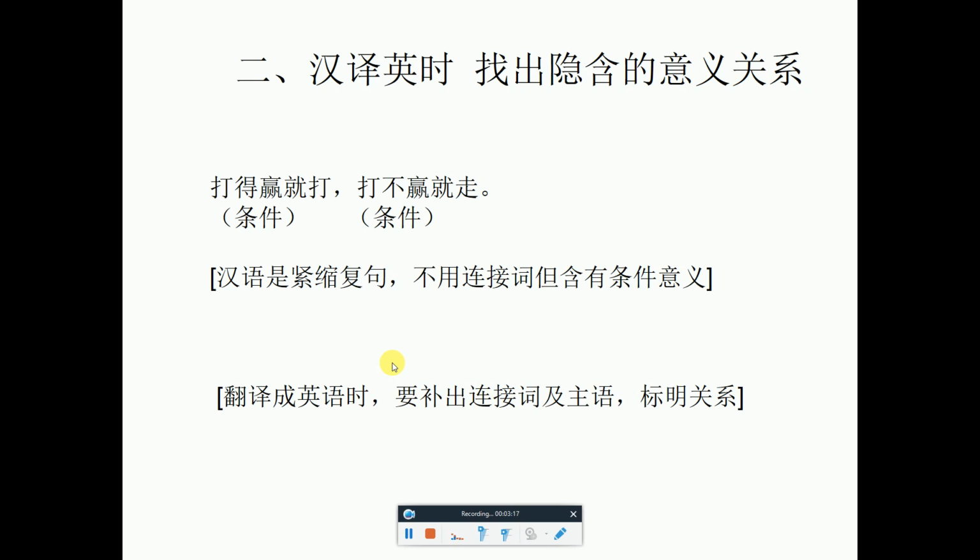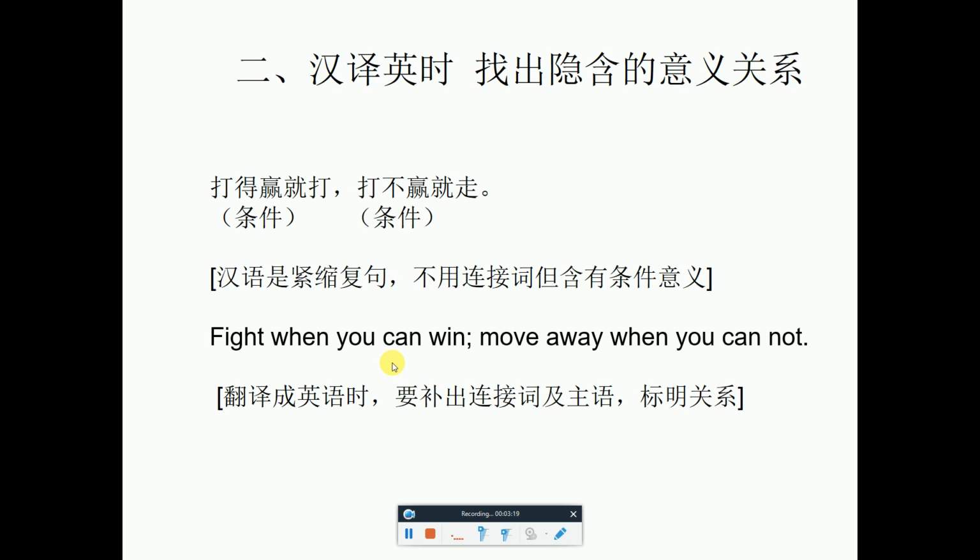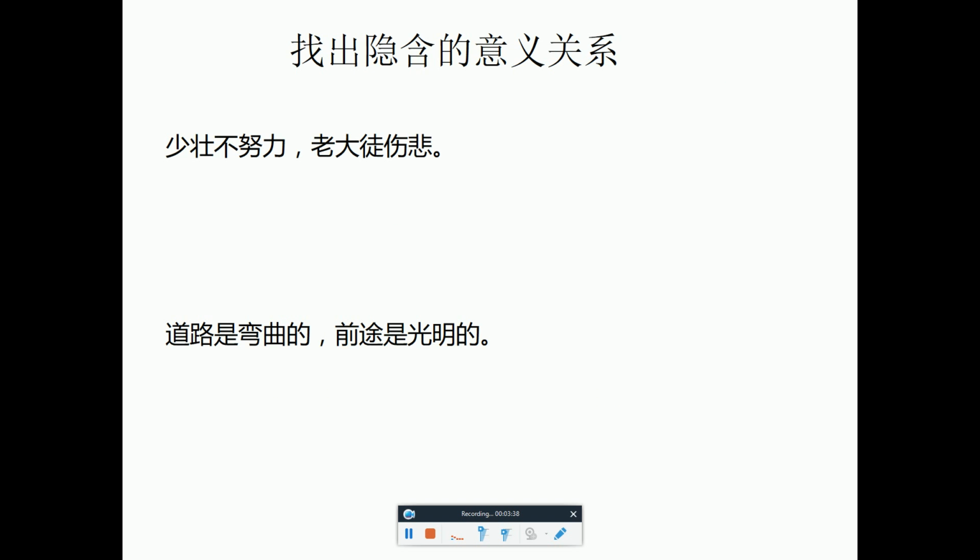Therefore, when we translate it into English, we need to use a conjunction to express the relationship clearly. For example, here we say, fight when you can win, move away when you cannot.